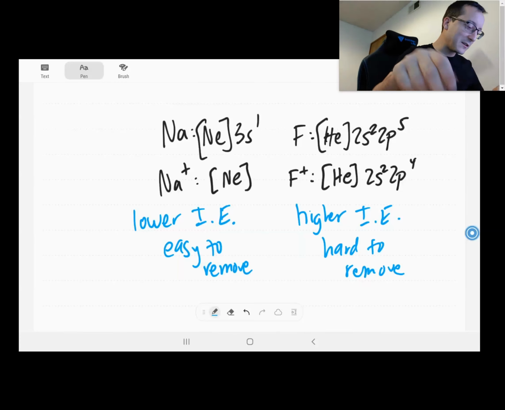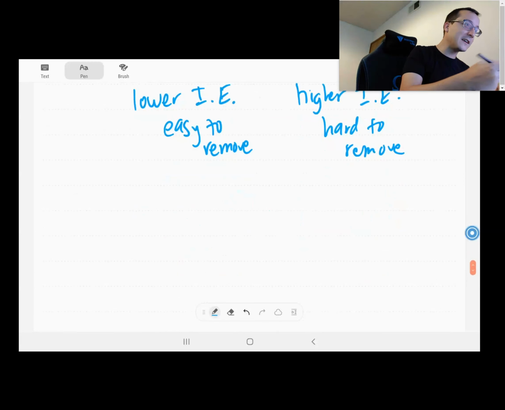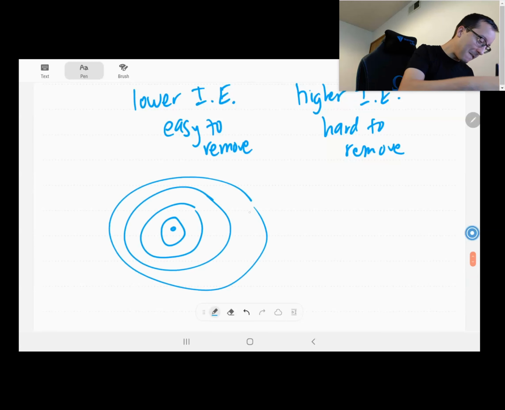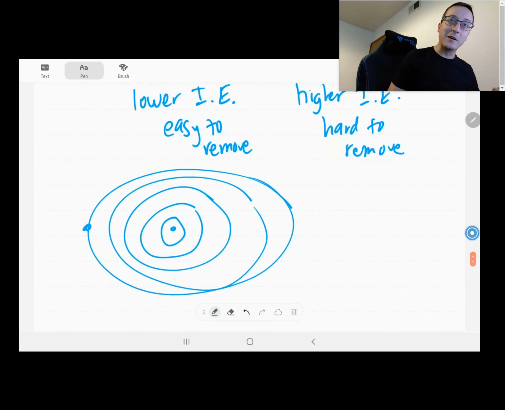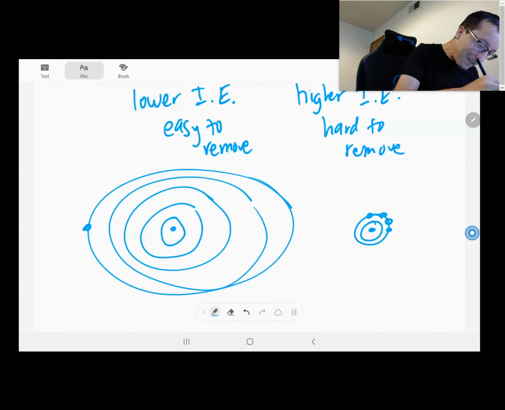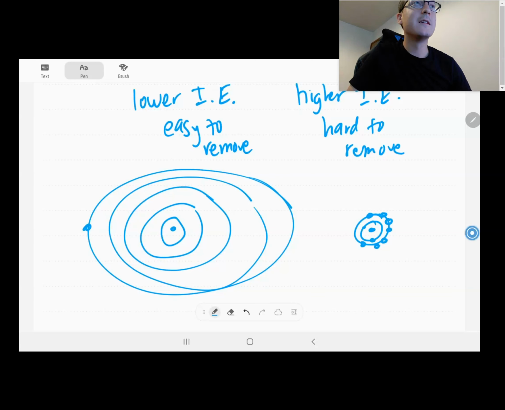Fine. We'll do it this way. Okay, here's the security guard. That's the money we're going to steal. Okay, security guard is in the middle. Which one is it going to be easier to steal, one of these dots on the outside?